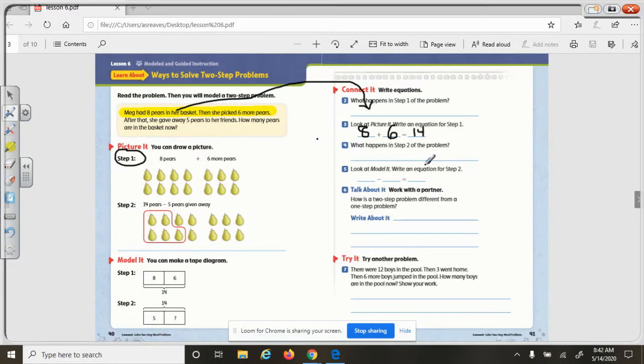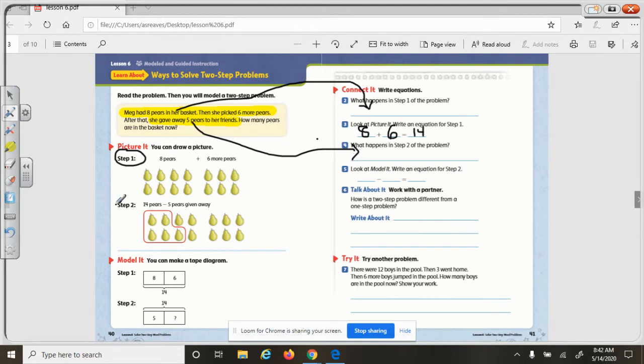So we've got step 1 completed. It's time to look at step 2. Step 2 is that she gave away 5 pears to her friends. So you can take this sentence and put it right here because that's the second thing that happens. She gave away 5 pears to her friends.